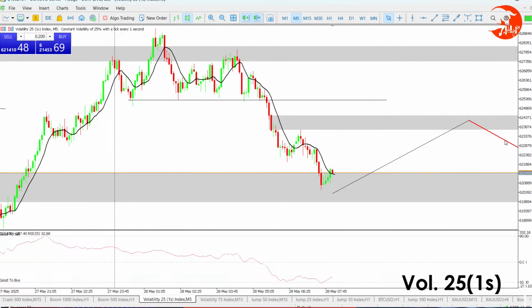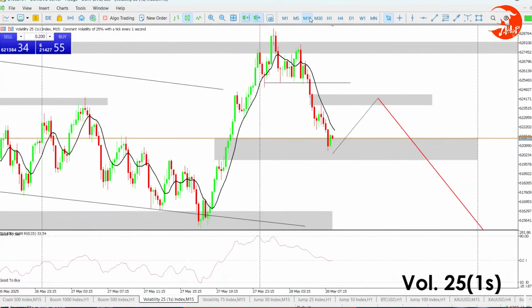This is going to be a short trade, but it can give us some money. Okay, I'm going to enter one entry. Just be ready to look for the lot size I can use, and I'm going to make my entry now.